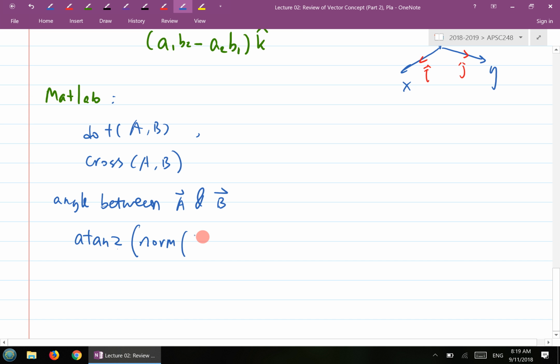So the first term is the cross product A B: calculate the norm, the length of the cross product A B. And then the second one is dot A B. Think about how this works. The return of this gives you the angle between A and B.